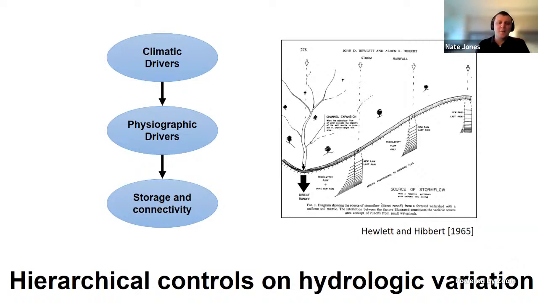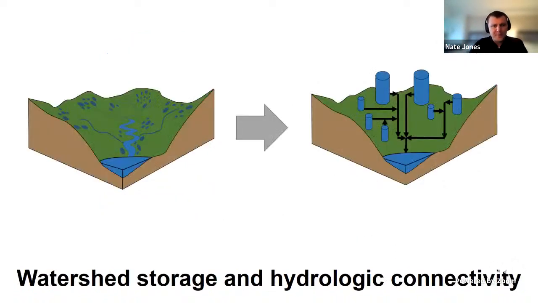And then finally, driving in a little bit more at the local scale, the storage and connectivity, and I'll get more into that as we go, but how are our watersheds plumbed? What does the subsurface architecture look like, and how is that affecting the variation in stream flow? And then obviously, how does that variation in stream flow and changes to that variation impact ecosystem function?